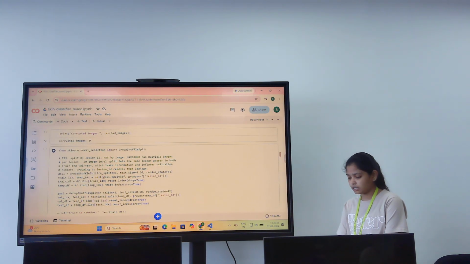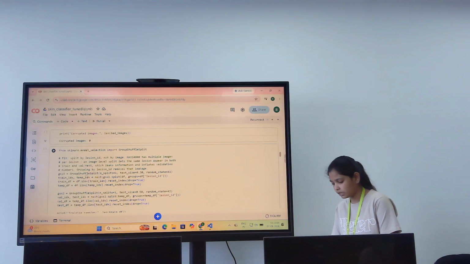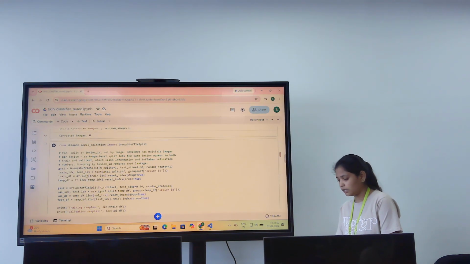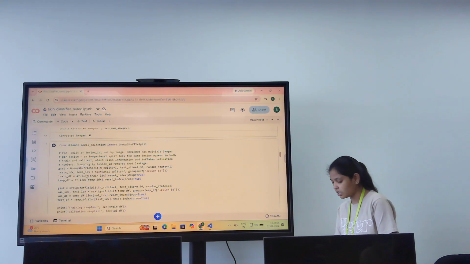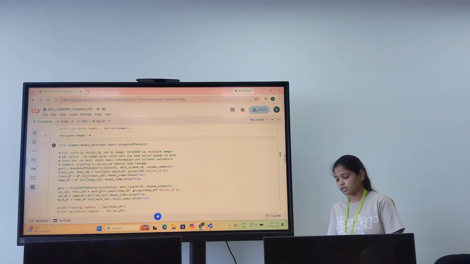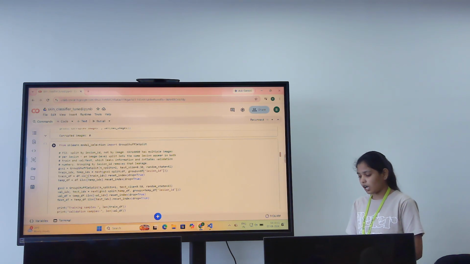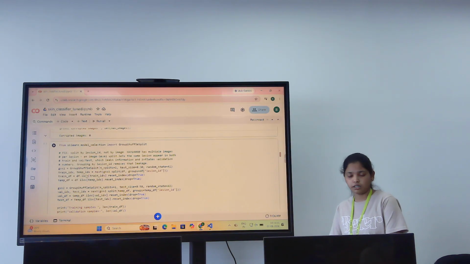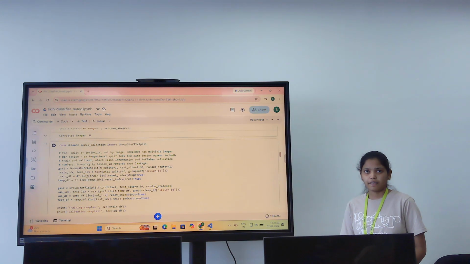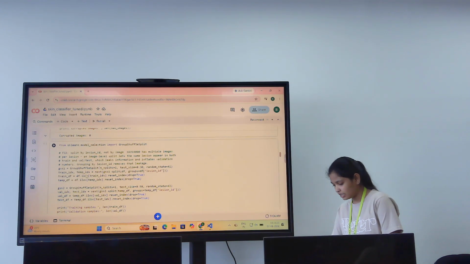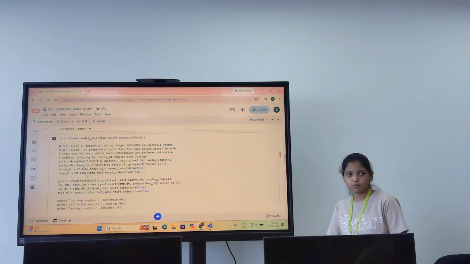To split the dataset, I use group shuffle split because the Kaggle dataset contains multiple images of the same lesion. If the same lesion image appears in both the training and testing datasets, it makes an artificially high performance improvement.